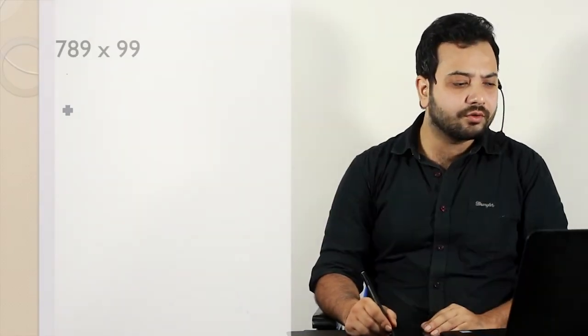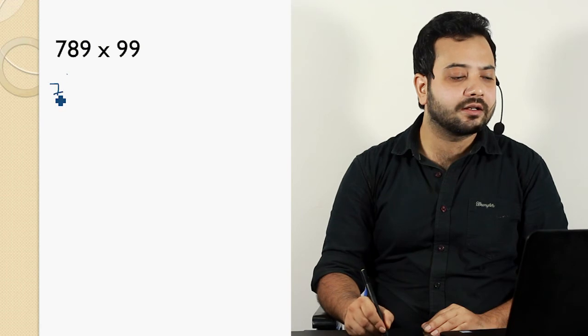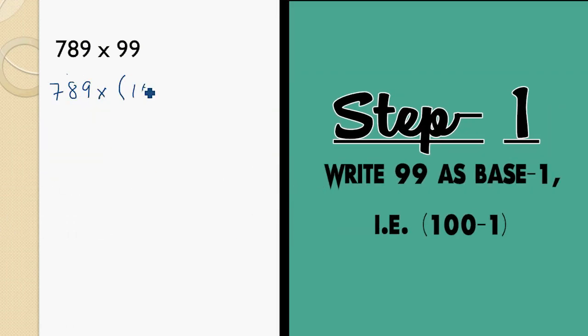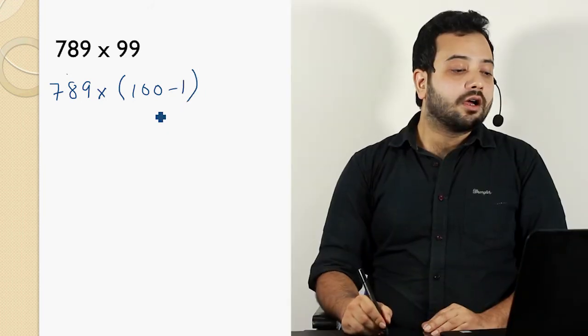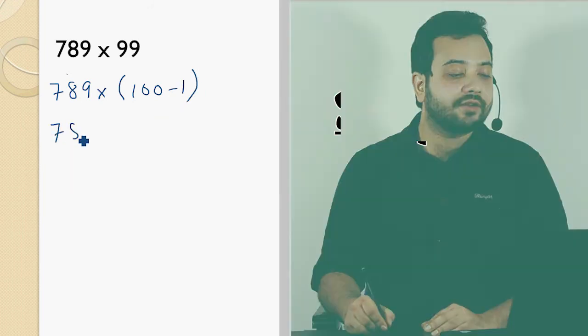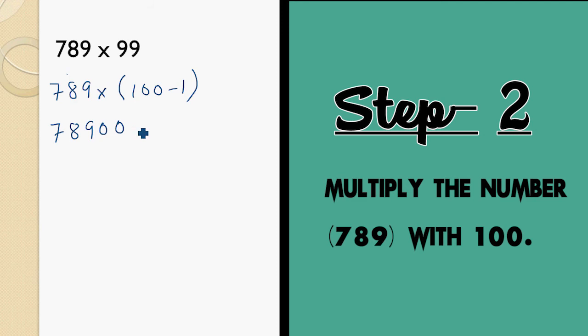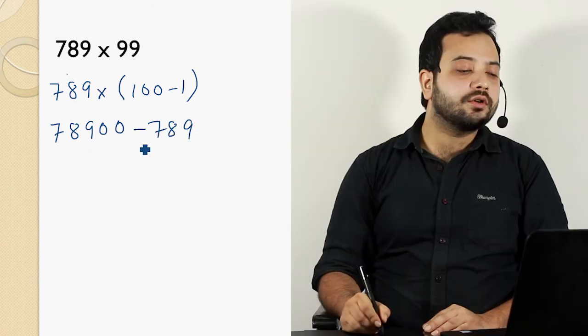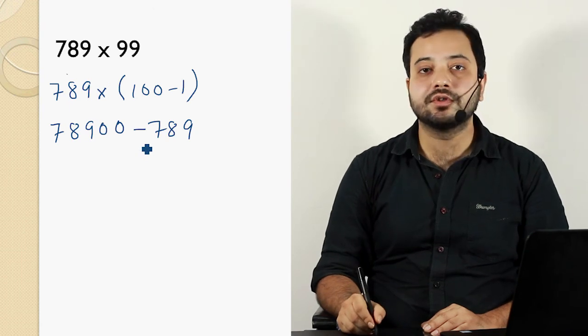In this case, we don't need to follow the steps we learned earlier, but there is another step which is very simple. All you need to do is write 789 multiplied by 99, and 99 I can write as 100 minus 1. So I would get 78900, that is 789 multiplied by 100, minus 789. All we need to do is subtract these two numbers.